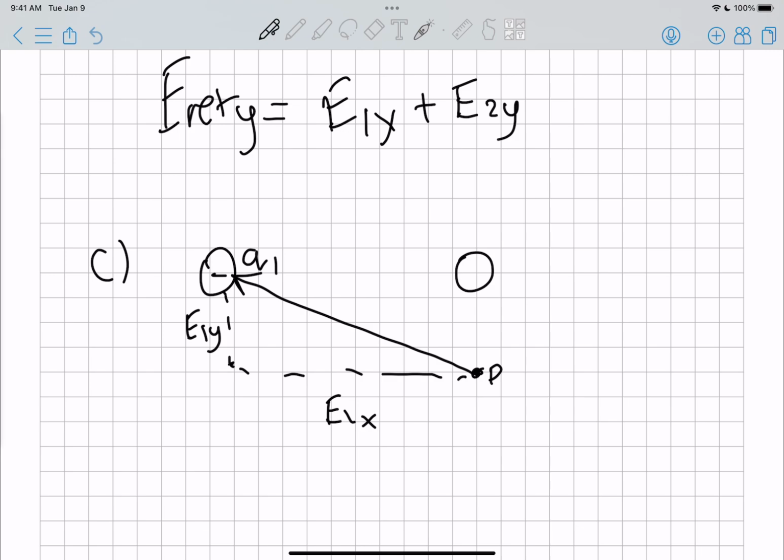You could move the test charge, right? But remember, we're trying to figure out what the charge at Q should be. Essentially, yeah, you could move it to this point and then you would only have an x component. But we're asking how we can get rid of this y component.